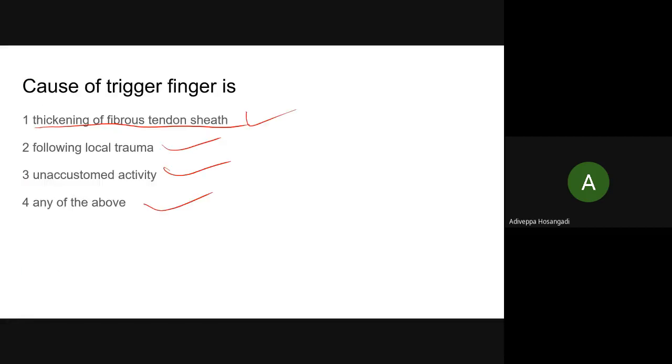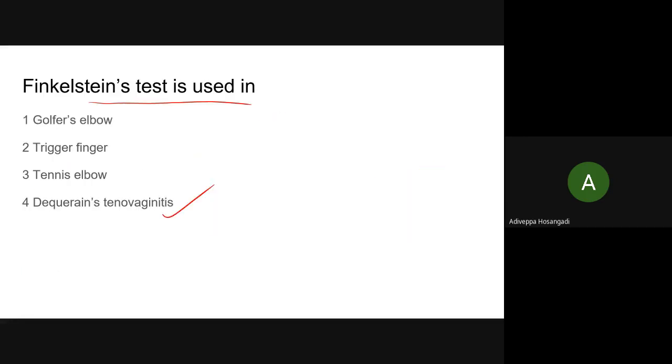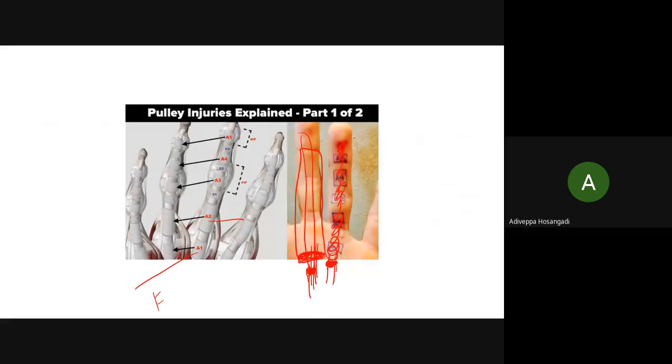For that, we'll go back again. See, what I was talking about, this tendon doesn't get into the sheath easily. Where is this first pulley? This is the first pulley, isn't it? A1. A3 is here in PIP. A5 is in DIP. A1 is in MCP. Okay, what do you do if there is a mismatch?